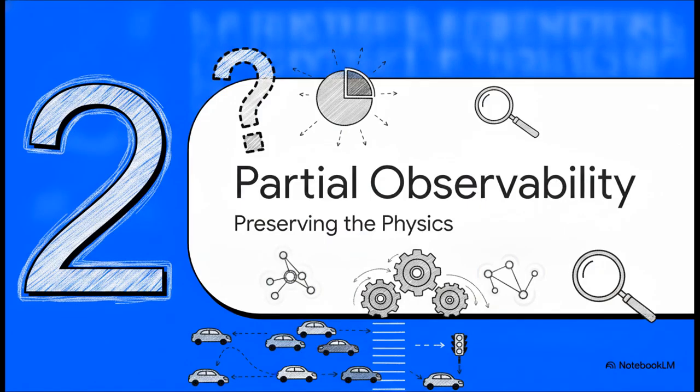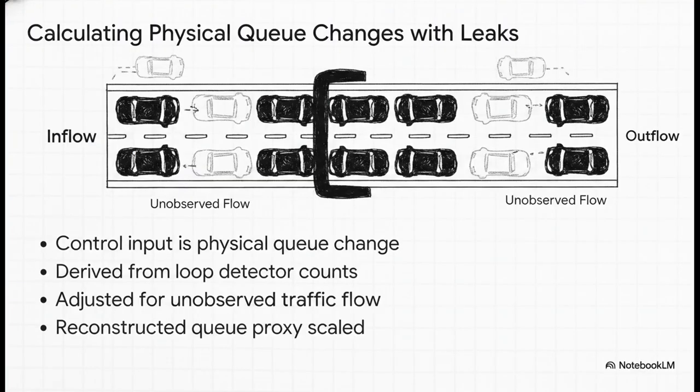Moving on to the state space formulation, let's see how we can actually preserve the underlying physics. The genius here is how QNet maintains strict physical interpretability within its state evolution model. We aren't just chucking raw data into a neural network and crossing our fingers. In any state space model, the state evolution dictates how the system moves forward temporally. For QNet, our control input UT explicitly represents the physical queue change.